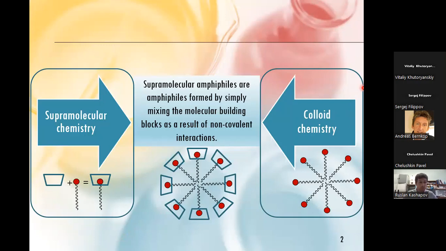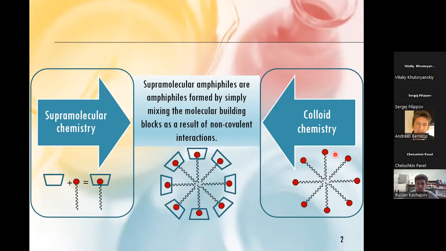It's well known from supramolecular chemistry that macrocyclic molecules can bind other molecules due to non-covalent interaction into such supramolecular systems as host-guest complexes, which, like conventional amphiphiles, can be self-assembled in colloids.